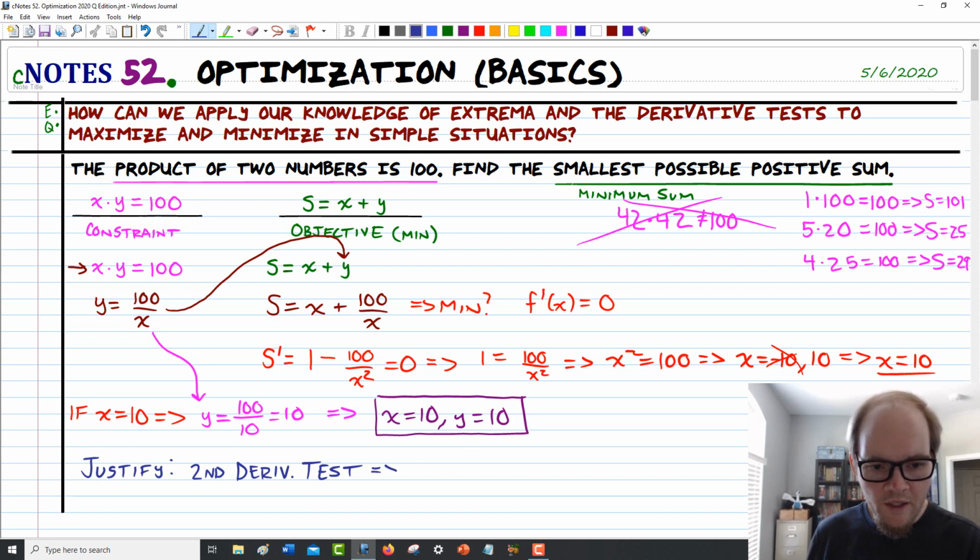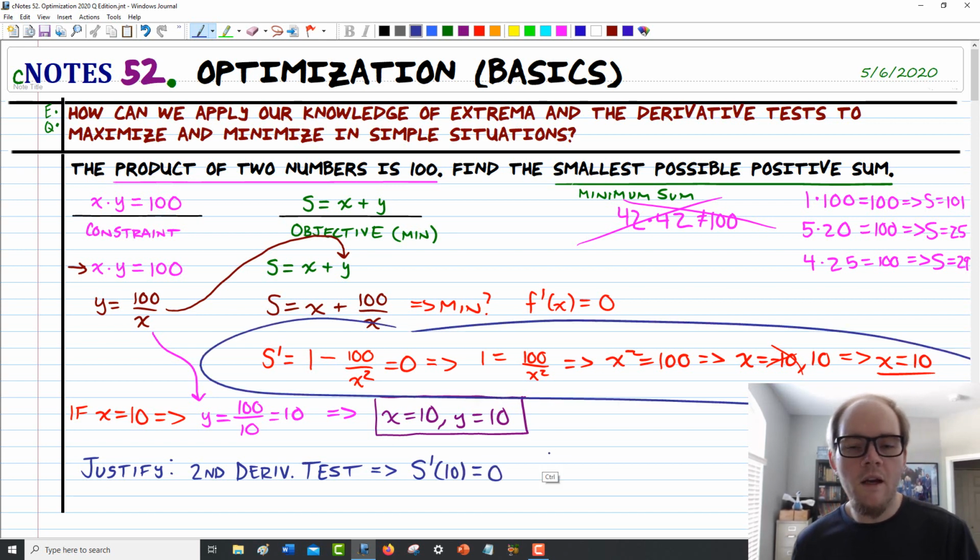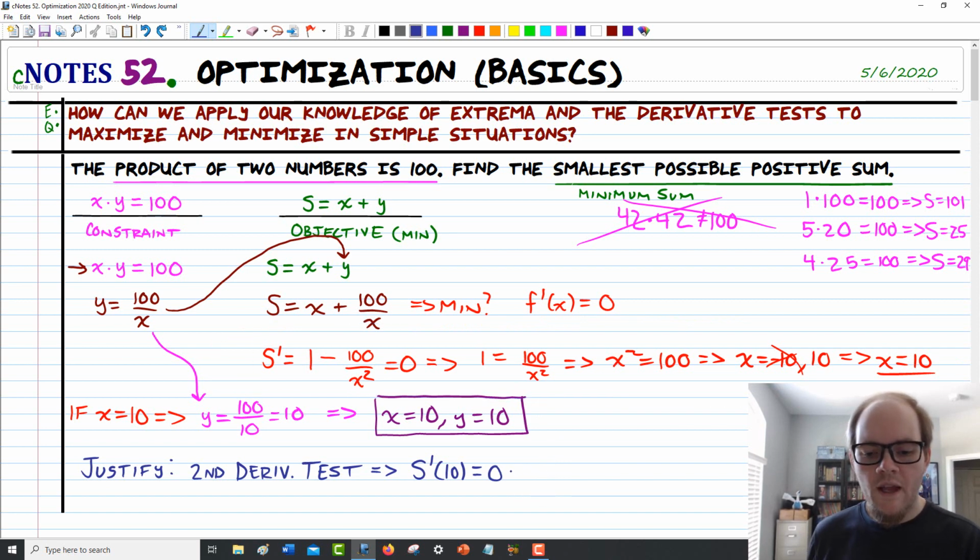So if we use the second derivative test, we have that s prime of 10 is equal to 0, because that was basically all the solving work we did right there. And then in addition, we want to talk about s double prime of x. If we take the derivative of s prime, that's going to be 200 over x cubed. If we evaluate that at x equals 10, we get something clearly positive: 200 over 1,000, which is 1/5, definitely positive.